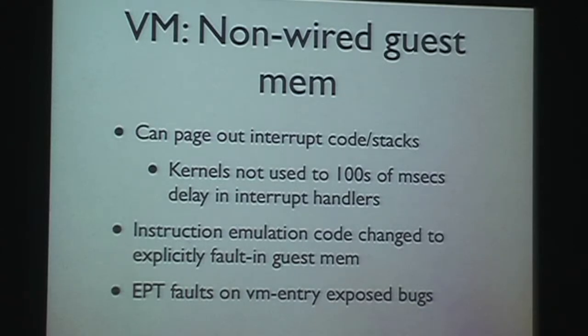The other problem that we saw was that we were mishandling some error conditions in VT-x previously, because we were never getting EPT faults on memory access. There was a particular code path that wasn't being exercised. Now all of a sudden, when you go to execute code, you can get a fault because the code page doesn't exist and has to be swapped in.